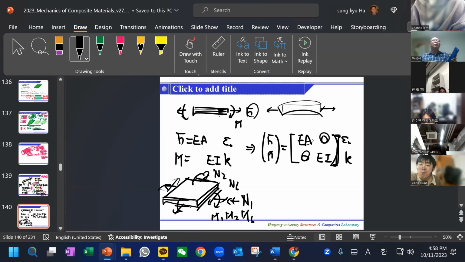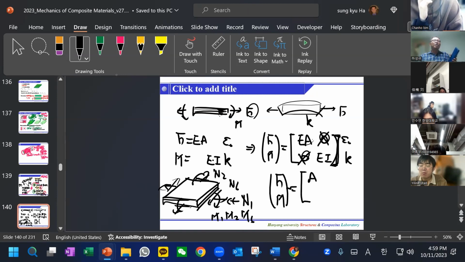Just the F and curvature can be coupled, so this can be a non-zero value. So let's call this, just for convenience, F and M.